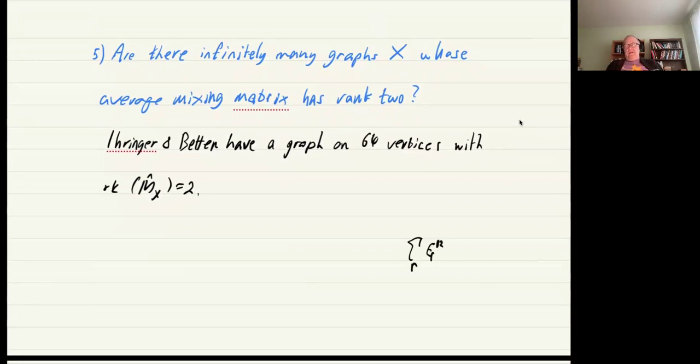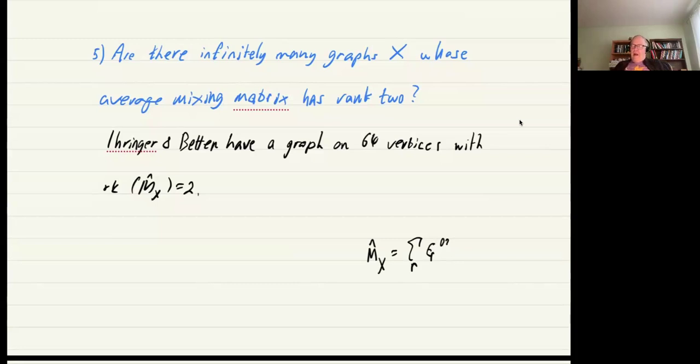So it's a nice invariant, even in its own right, but it's also related to these problems. Now we know that if the average mixing matrix has rank 1, then your graph is K2. So the question is, what about rank 2?